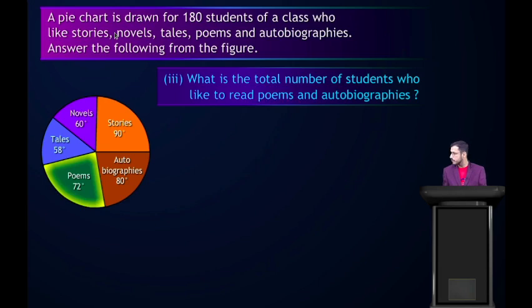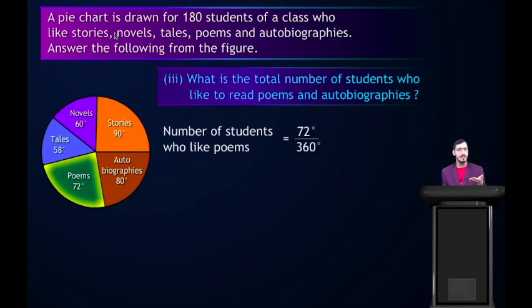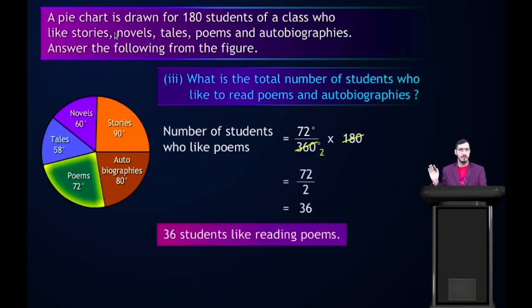So the number of students who like poems equals 72° by 360° into 180. Then 180 into 360 is 2, and 72 divided by 2 we get 36. That means 36 students like reading poems.